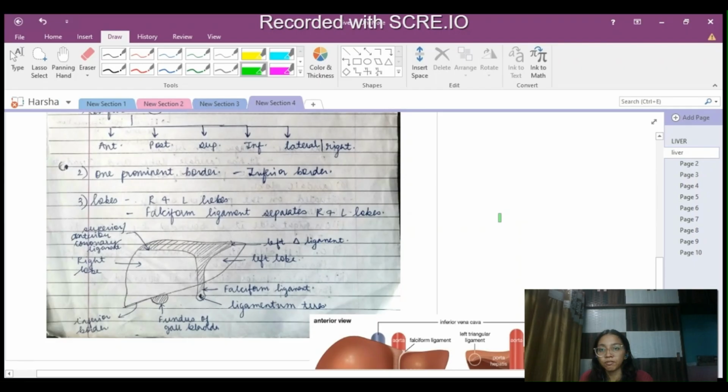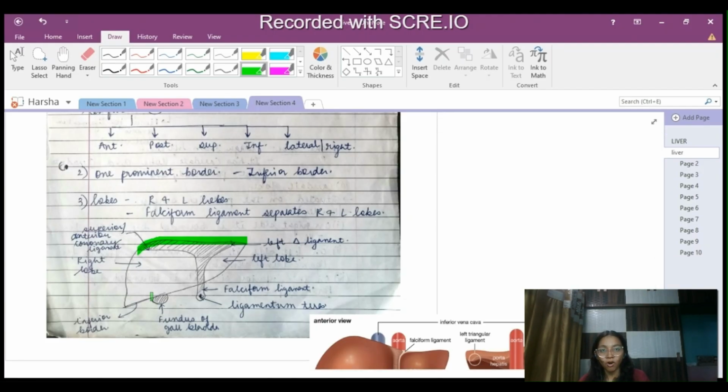The frontmost is the anterior surface. This surface entirely is the anterior surface. Behind this surface will be the posterior surface. The surface above will be the superior surface, and since it is a wedge shaped organ, it is resting upon some surface.